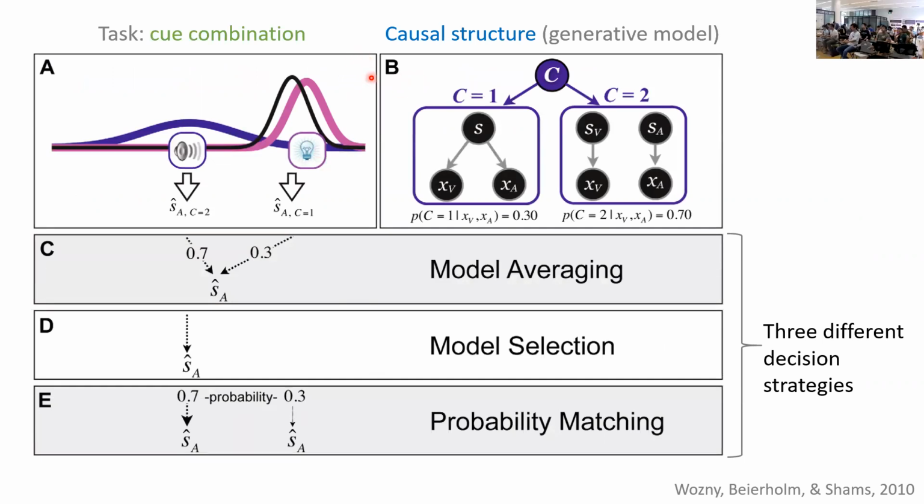They would show participants two cues, a sound and a visual cue. And what the participant needs to do is judge where the sound comes from. They don't need to judge where the visual thing is, because we have a very accurate estimate of the visual stimulus, right?